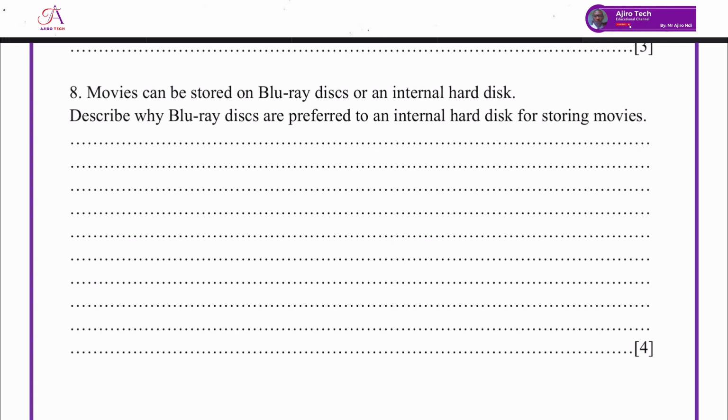Question 8. Movies can be stored on Blu-ray discs or an internal hard disk. Describe why Blu-ray discs are preferred to an internal hard disk for storing movies. So why are we preferring Blu-ray to internal? The reason why we prefer Blu-ray is the fact that, number one, data cannot be erased or edited.